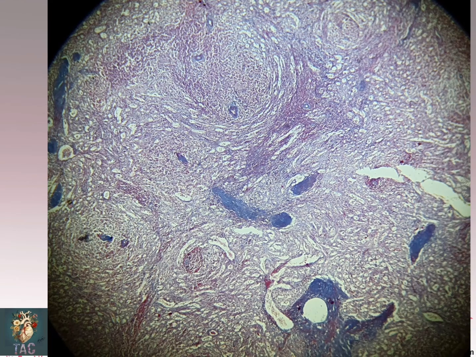So this is another slide for the spleen, in which you can see two very well defined areas. One of these areas is what I am highlighting over here, and for the other area I take another color, this area.